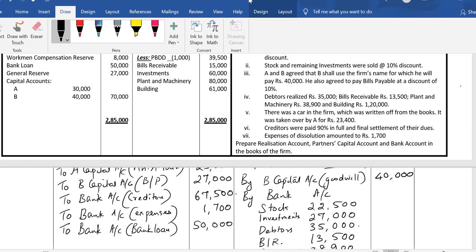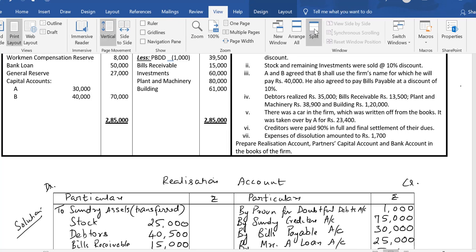I'll remove the split and we can ascertain the gain or loss on realization.